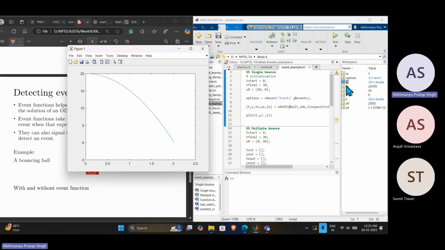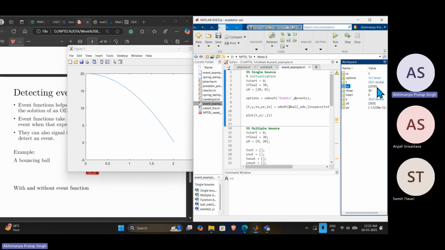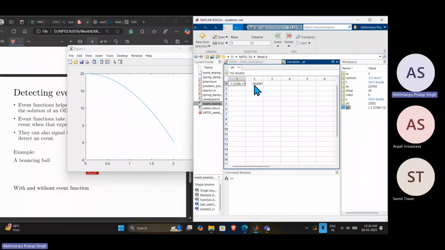If I check this t, it is 2.019, and my y is where it crossed zero. The displacement is minus 1.12, and the velocity at that instant is 19.8 in the downward direction.